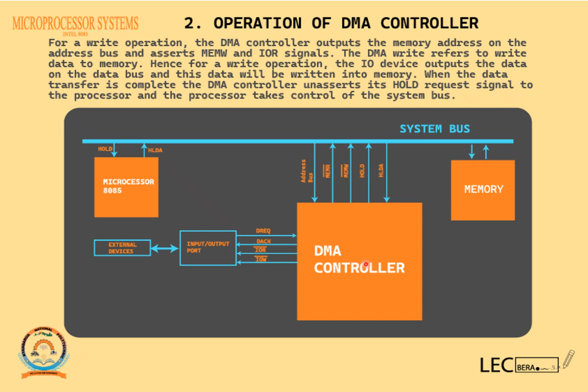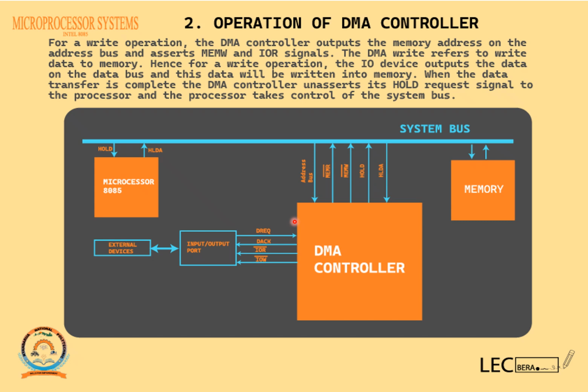What about a read operation? We've said a read operation is whereby you are exchanging data from the memory to the external devices. Again, the DMA controller is going to assert two signals low. We need to read the data from the memory so that we store it to the external devices.